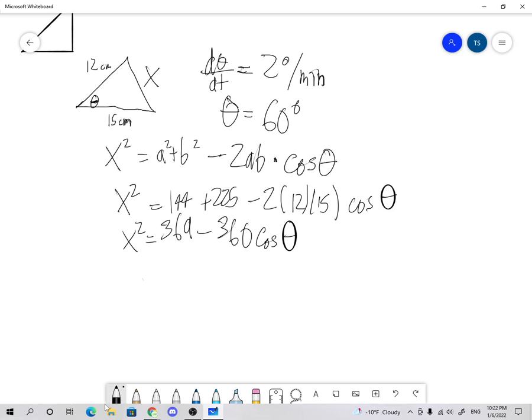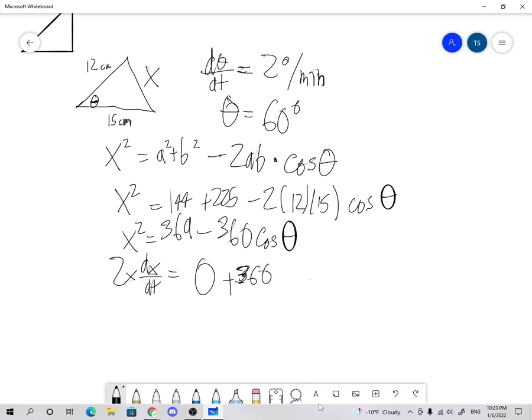So we're going to now simplify by implicit differentiation. So that's going to be 2x dx/dt is equal to 0 minus 360 cosine theta. What's the derivative of that? That's negative sine. That's going to become positive sine. And before we do that, I'm actually going to put the number before everything else, because a constant times a function is equal to the constant times the derivative.